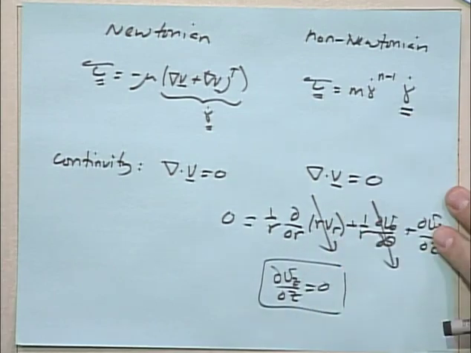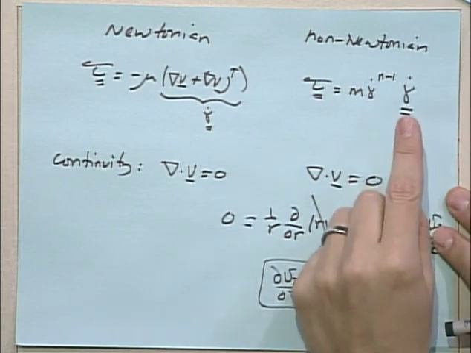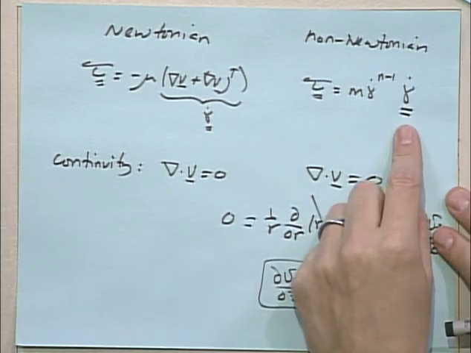We know that VR is 0, and we know V theta is 0 for this flow. So that's going to cancel a lot of terms of del V transpose. So we're going to go now to gamma dot, calculate what gamma dot is, simplifying it as much as possible, leaving behind only the VZs that matter.